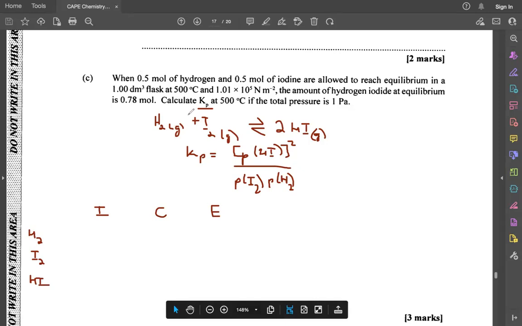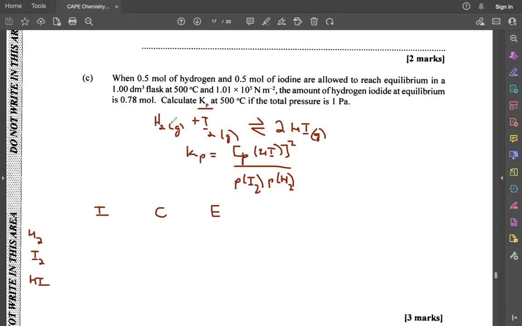One thing I want us to note right away is that the mole ratio is 1 to 1 to 2. So 1 mole of H2 gives 2 moles of HI, and 1 mole of I2 gives 2 moles of HI. Just keep in mind that this is the mole ratio that governs this reaction.